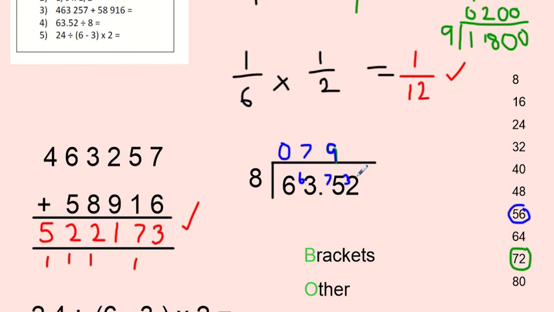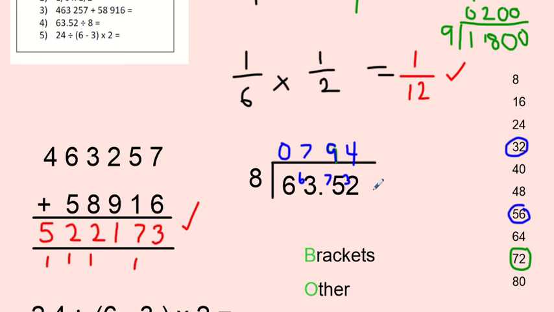Okay, so now I want to do 32 divided by 8, or how many times does 8 go into 32? Let's have a look. 8, 16, 24, 32. Fantastic. 8 goes into 32 4 times exactly with no remainders.